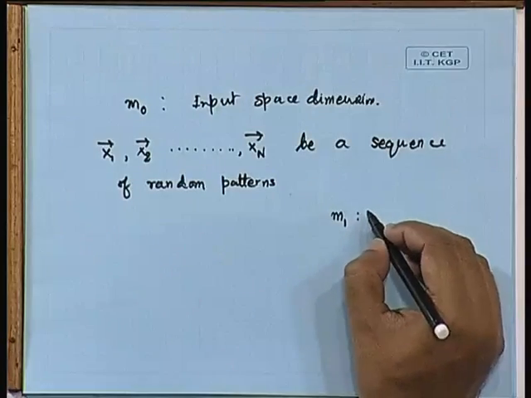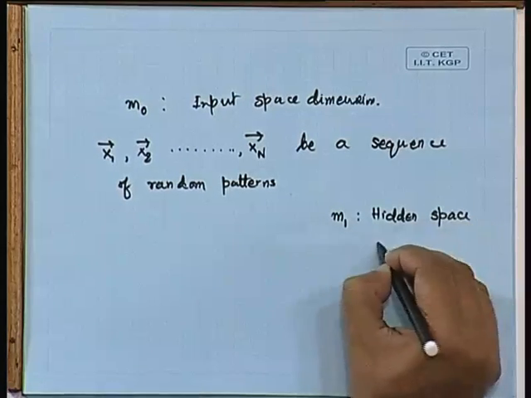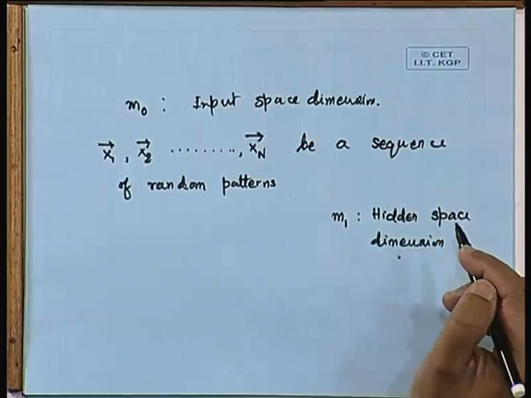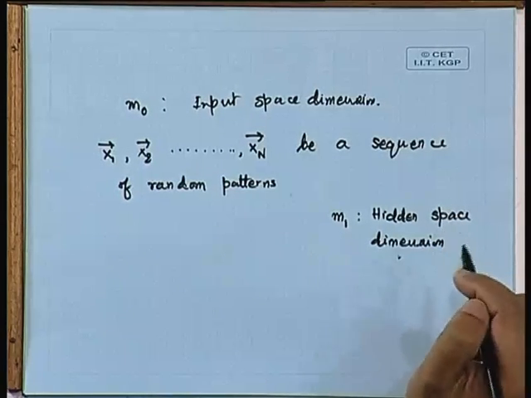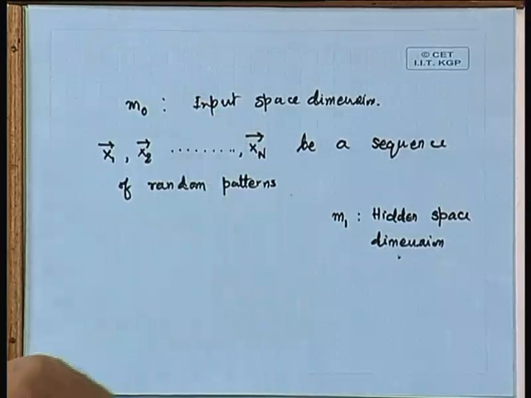You remember that in the last class we studied the probability of separability from a different standpoint. There we were keeping M1, that is to say the dimensionality of the hidden space, as one of the variables while proving Cover's theorem, and showed that as M1 increases, the probability of separation improves.